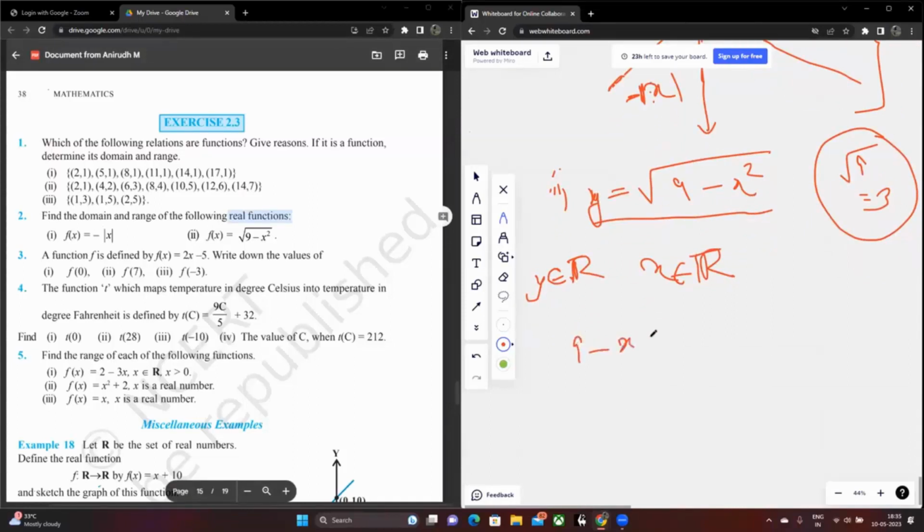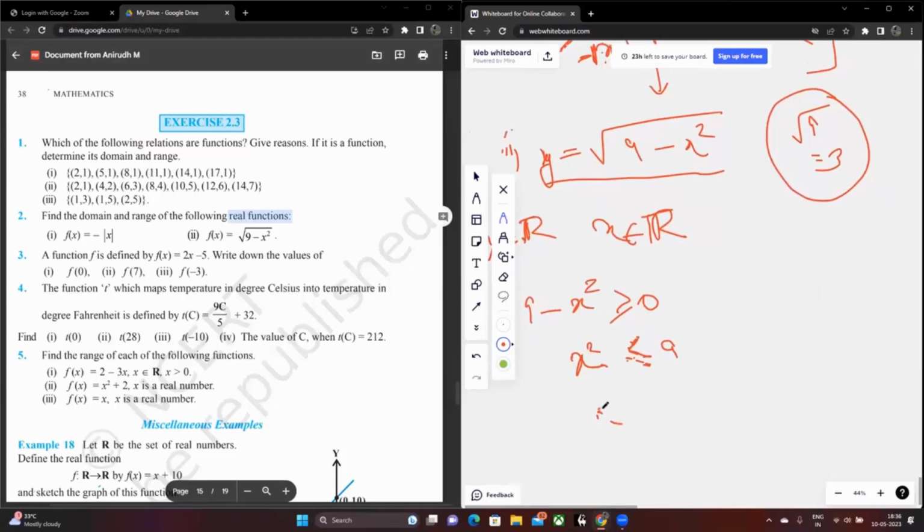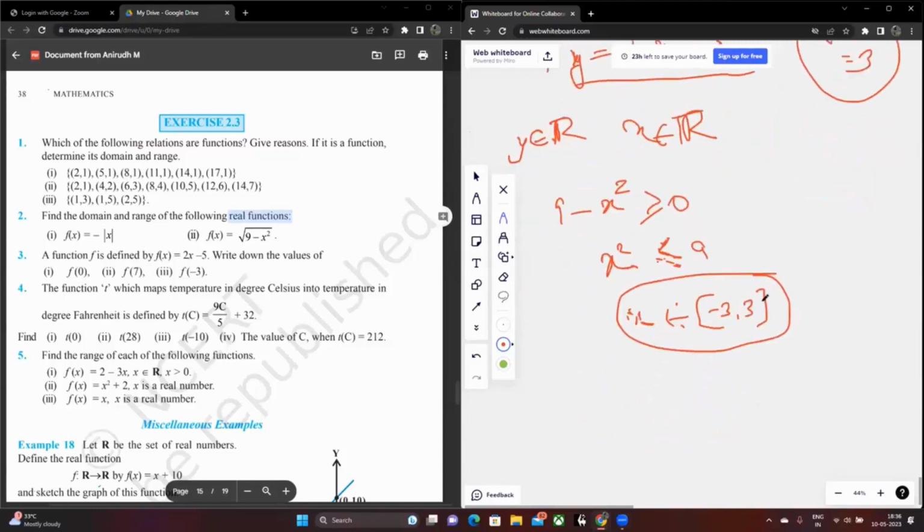So the first condition you have is that 9 minus x squared is greater than or equal to 0. So basically x squared is less than or equal to 9, and so x lies between minus 3 and 3. First condition: you have x belonging to [-3, 3].